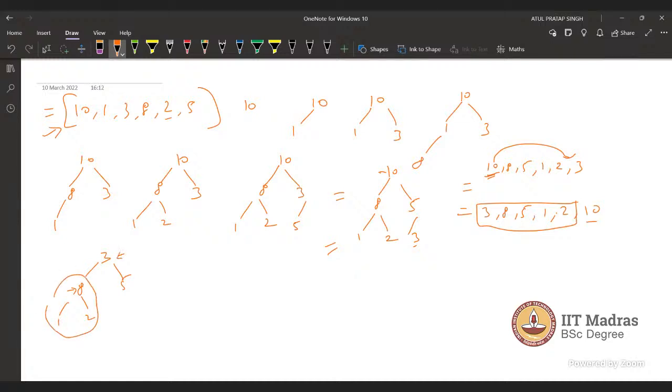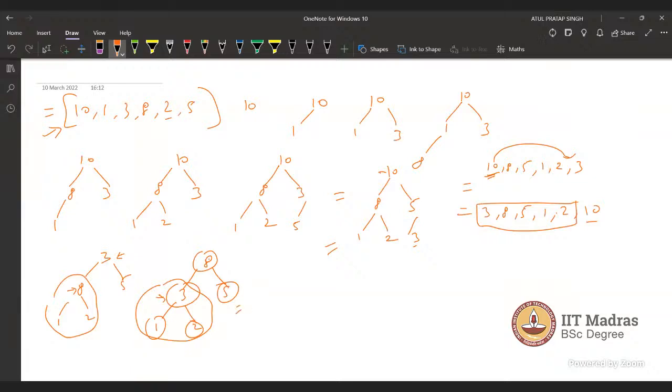Then we move to this 3. For 3, it moves with the 8 here, and 3 here, and 5, and this is 1, and this is 2. If a child is changing, we check again from this combination whether it follows the max heap property or not. So 3 is greater than the child.